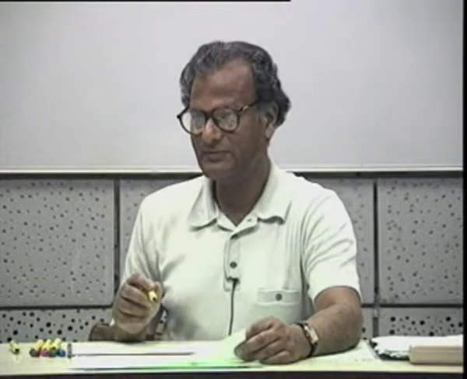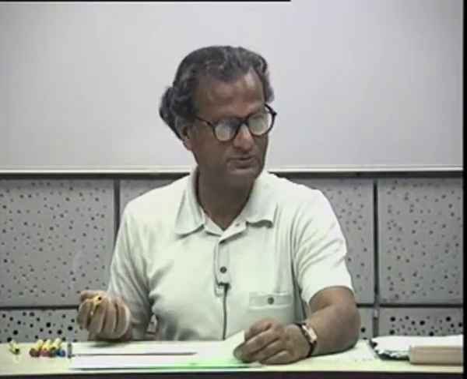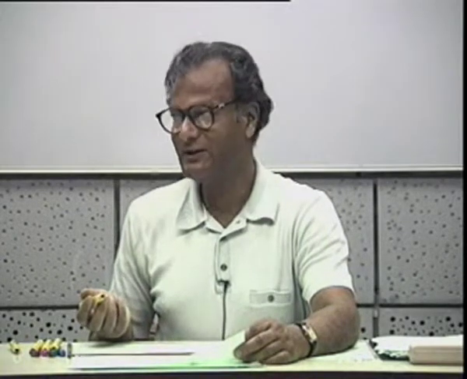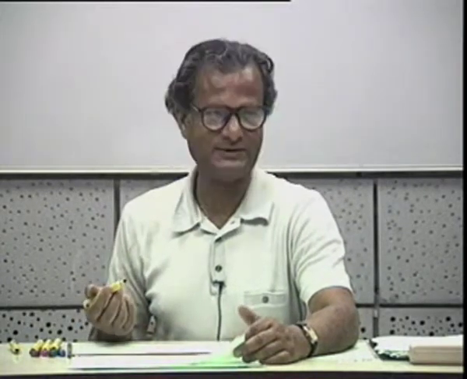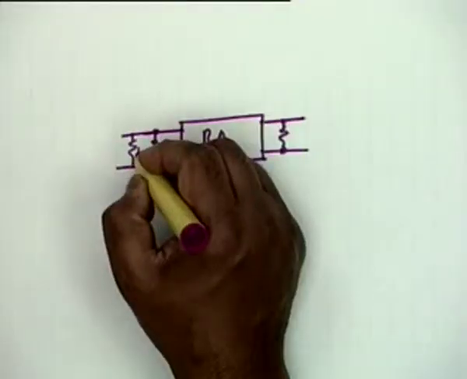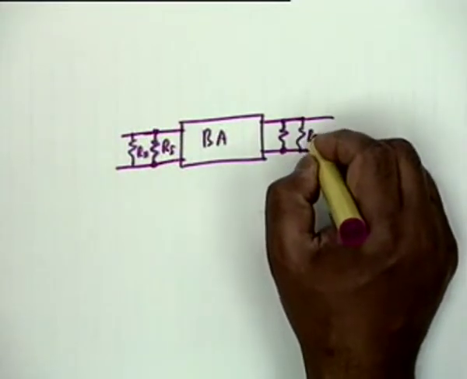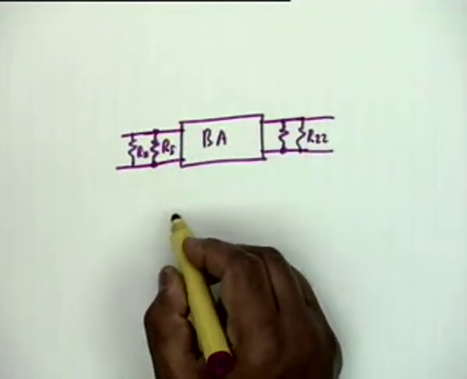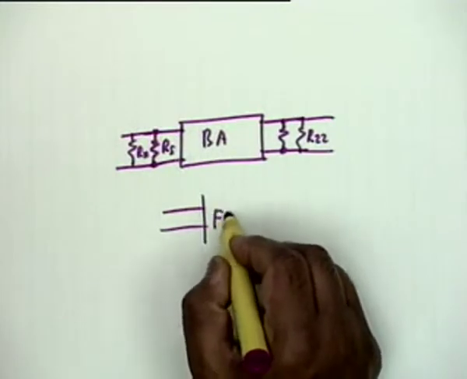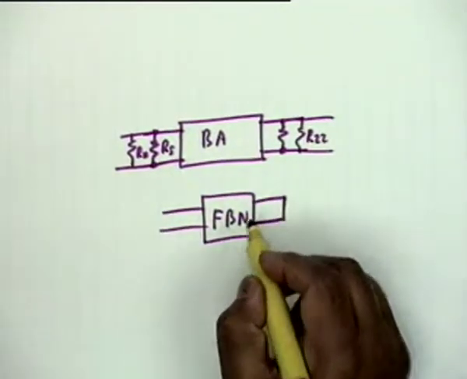So the feedback network shall give two impedances R11 and R22. These will come in series or in shunt? Shunt, because it's a shunt configuration. So I shall have an additional R11 and an R22, where R11 shall be measured like this. Feedback network with output shorted.